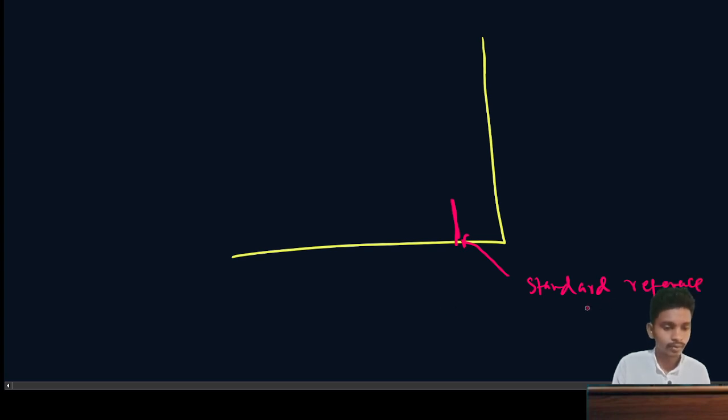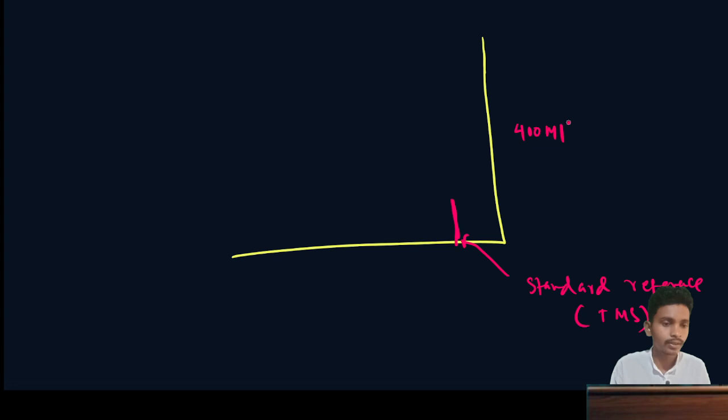For 1H NMR, let's say TMS is taken. Let's say you are using a 400 megahertz instrument. We will discuss this in the next class. So today up to this, thank you.